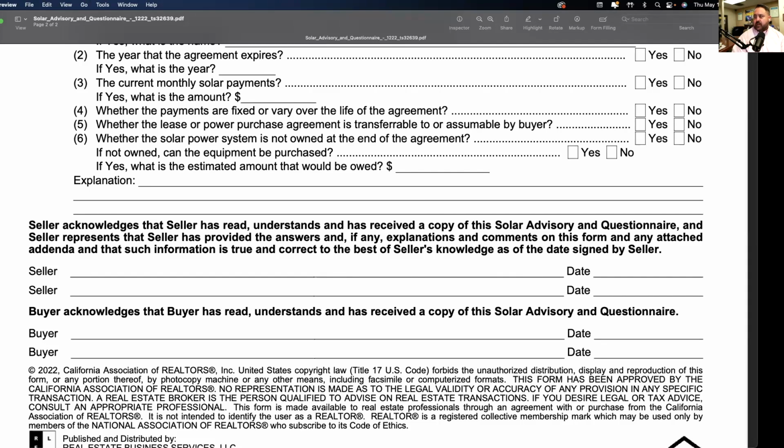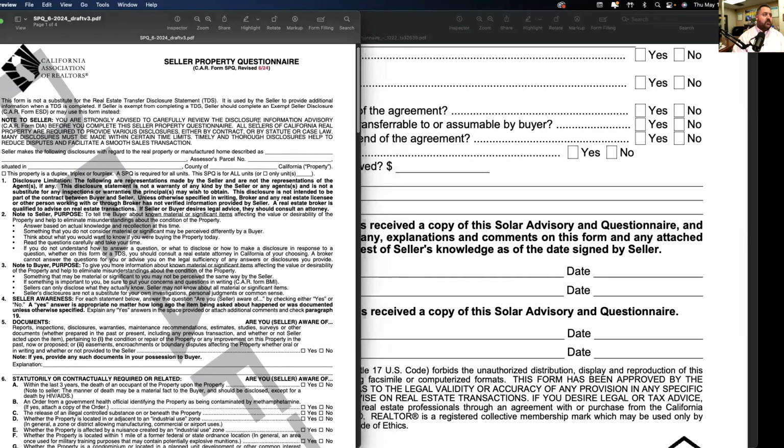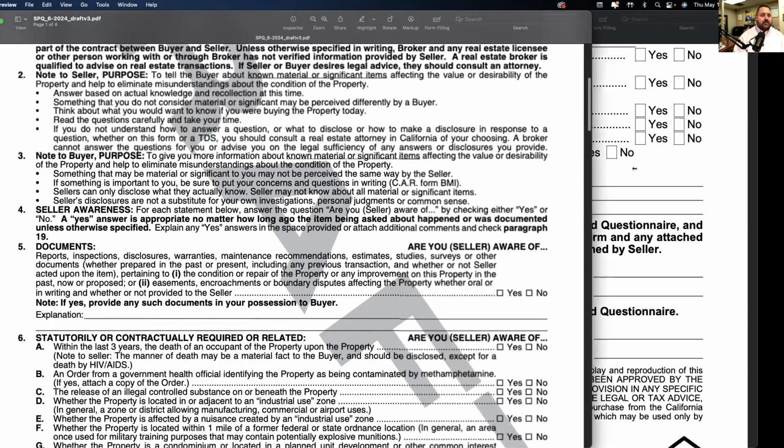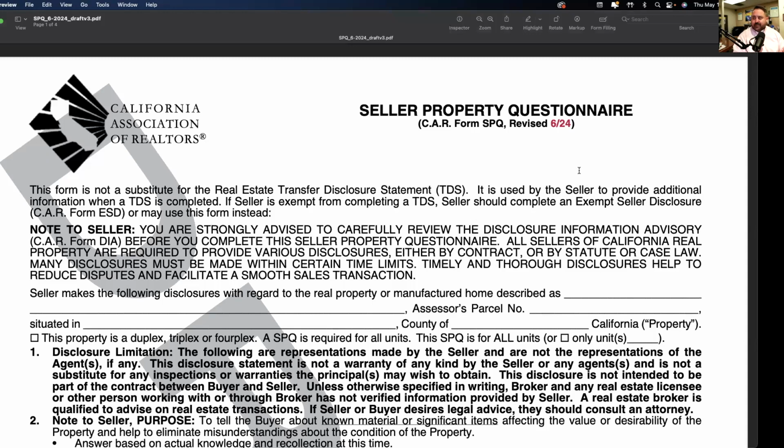All right. So let's look at the SPQ, and I am using the SPQ that is a draft for June, because we're not going to do this disclosure class again probably for a while, and there are some changes that are going to happen to the SPQ come June, and that is for the law changes in July.